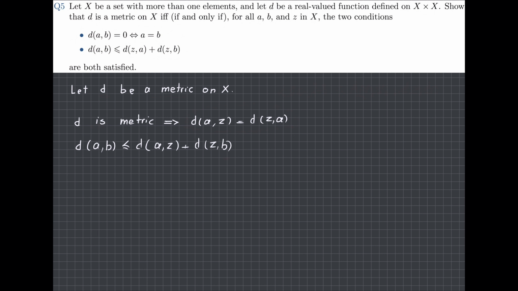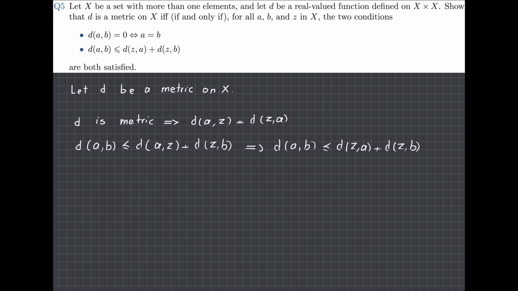But now you immediately see that because this is equal to that, in this inequality, I can take this and replace it with D of Z and A. And then I am done. So this implies that D of A and B is less than or equal to D of Z and A plus D of Z and B. Okay, so that's actually the simple part. So if D is a metric, I was able to show that both these conditions are satisfied.